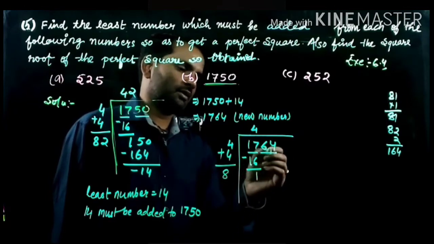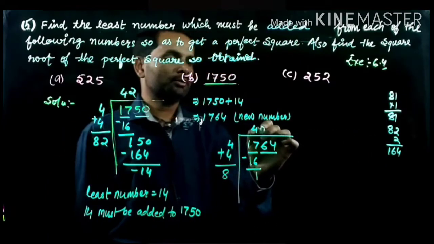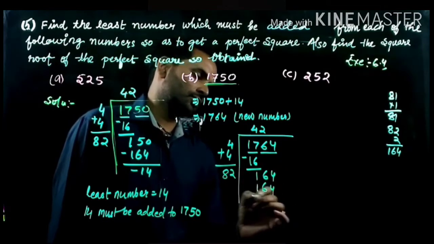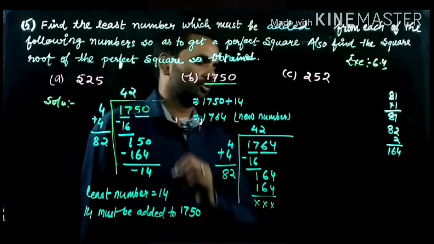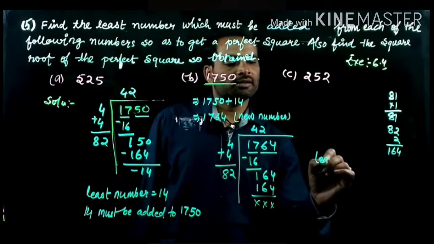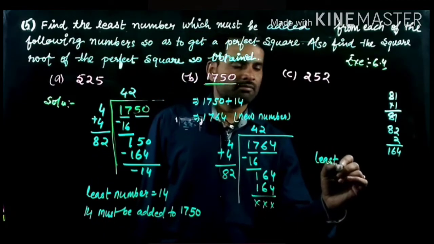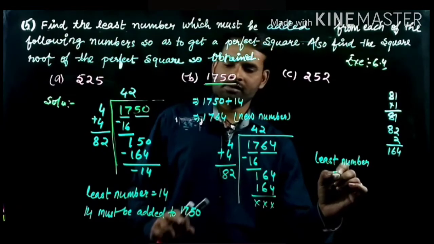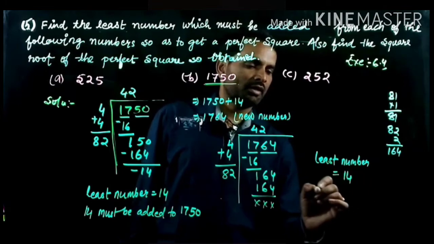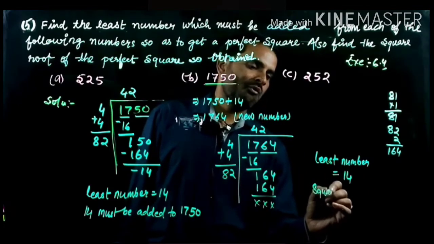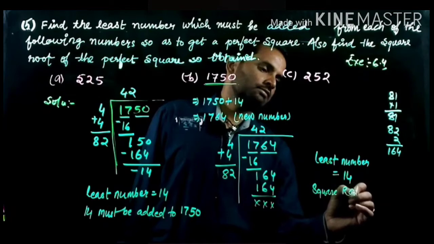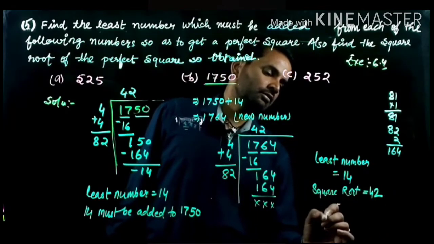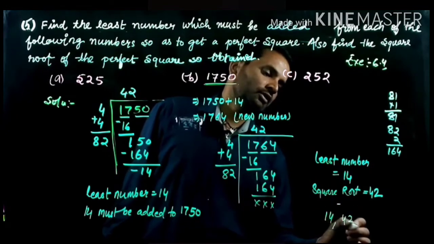Okay, and the second number will be the same, 2, and then 64 and 164 cancel, it means 42. It means the answer is the least number 14 and the square root is 42. Your answer is 14 and 42.